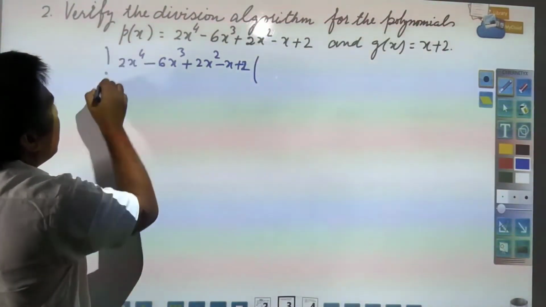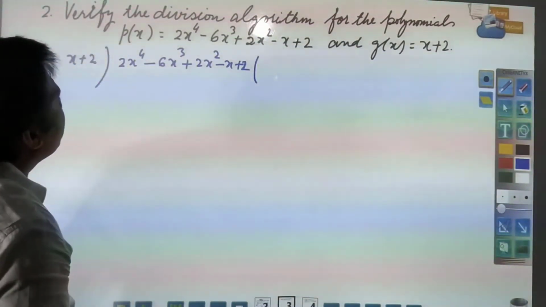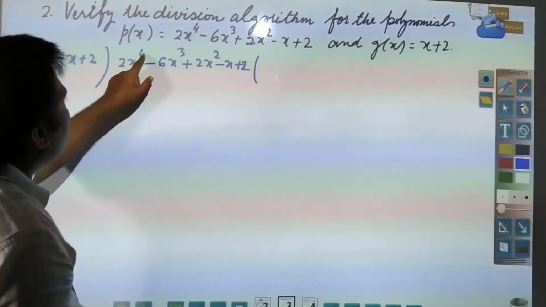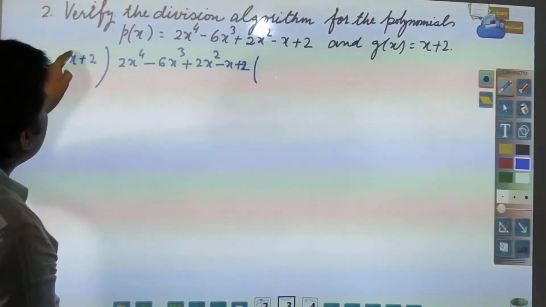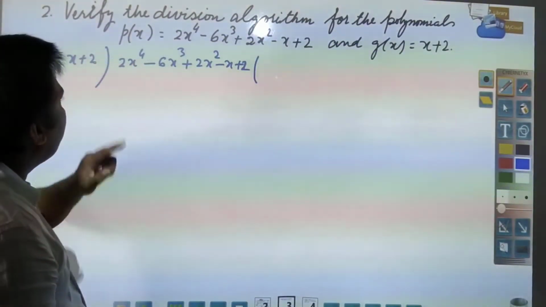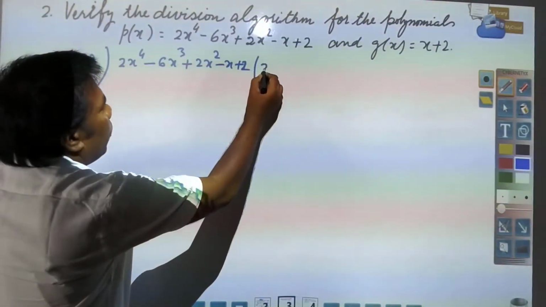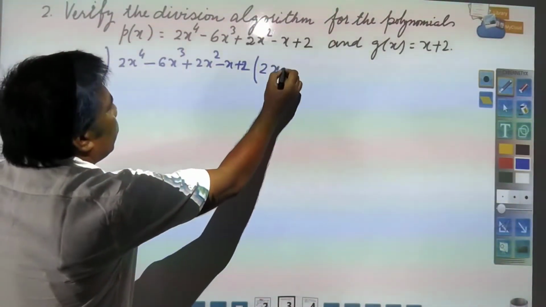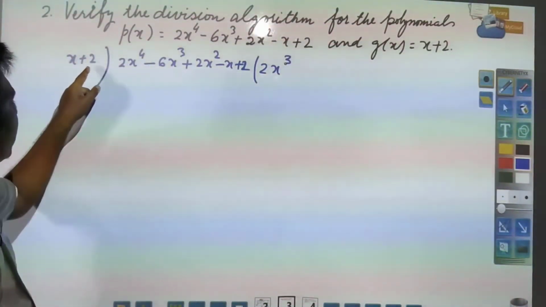So if you are dividing 2x to the power 4 minus 6x cube plus 2x square minus x plus 2 by x plus 2, how will you divide? You see, here you have x to the power 4 and 2 you have. So we need to multiply x by x cube, so that you will get x to the power 4, and 2 will be required. So you will multiply with 2x cube. 2x cube into x plus 2 you will do.